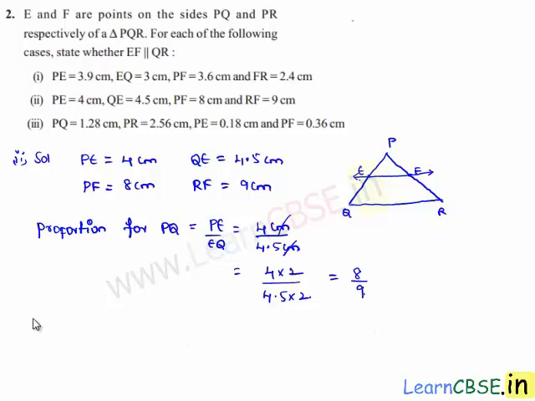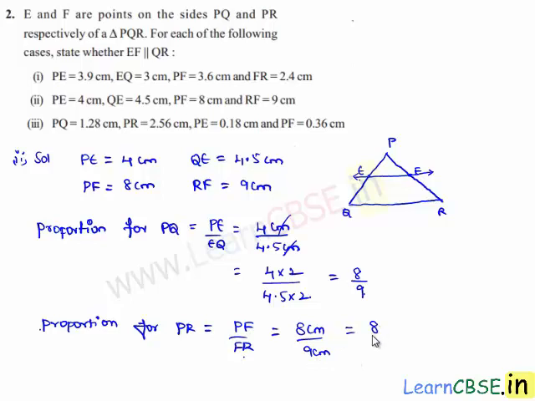Let us also find the proportion for side PR, which will be equal to PF by FR, that is equal to PF is given as 8 centimeters divided by FR, which is nothing but RF, is given by 9 centimeters.